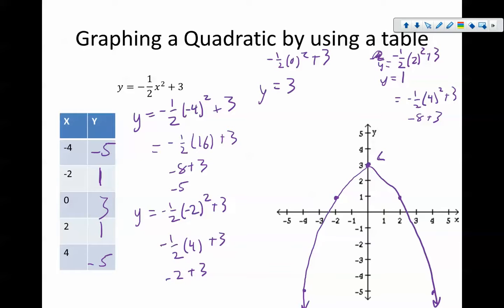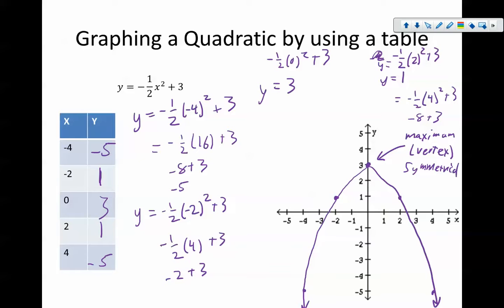This point right here, the very peak, is called a maxima, or maximum, also known as the vertex. Okay. Once we get to this point, when I plug in the opposite version, the negative or the positive version of the same number, they end up being symmetrical.